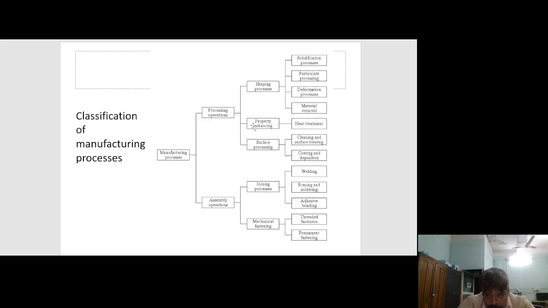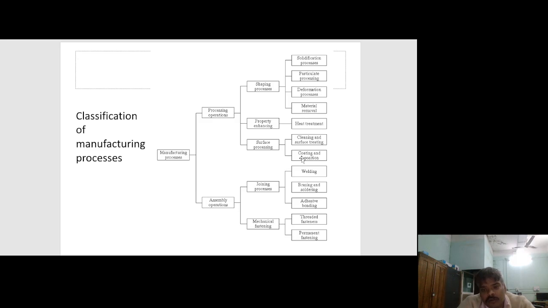Next is surface processing: cleaning and surface treating, coating and deposition. If you want the surface to have different properties from the inside bulk material, suppose you want to make a tool for machining superalloy like nickel based superalloy, then the base bulk material should be tungsten carbide, and the surface of the tool should have different properties.